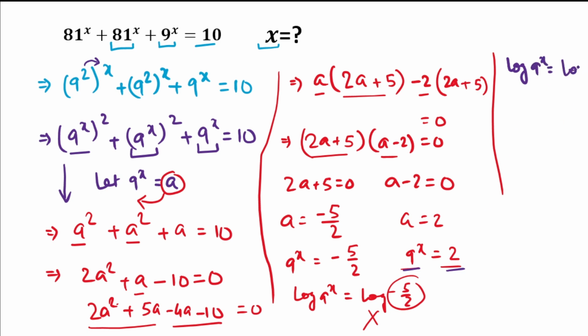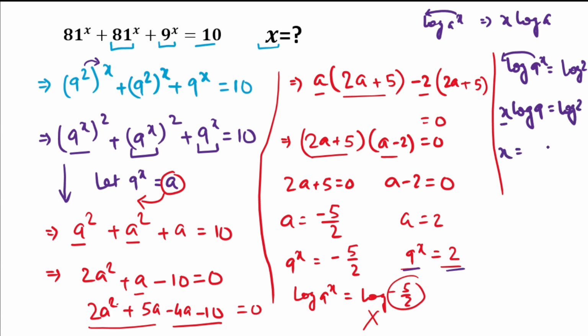We know the formula of log a powered by x, we can write it as x log a. We write the x value in front. Similarly here we'll write x in front. So x log 9 is equal to log 2. Now from here we will calculate the value of x. So the value of x will be log 2 divided by log 9.